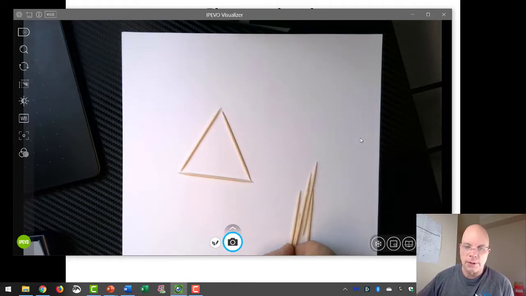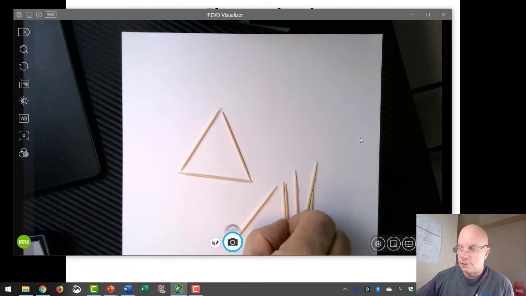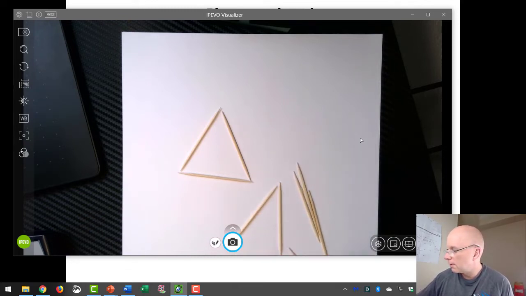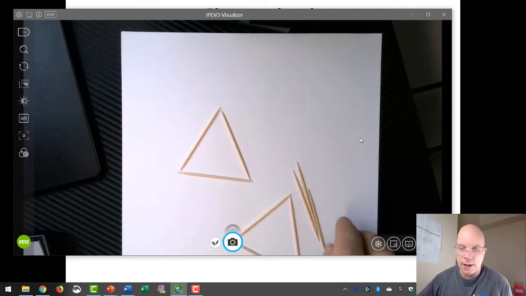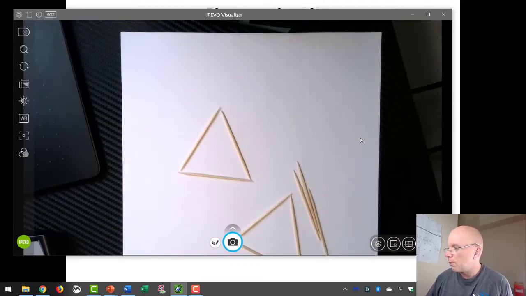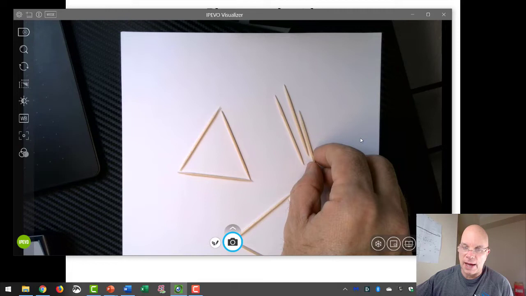I could make another equilateral triangle with another 3 toothpicks. I could put them over here. And so I guess it's pretty obvious that I could make a third one with this third set of toothpicks, but then I'd be out of toothpicks because I only have 9.